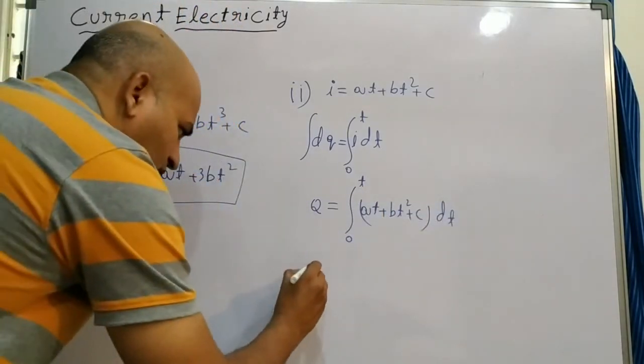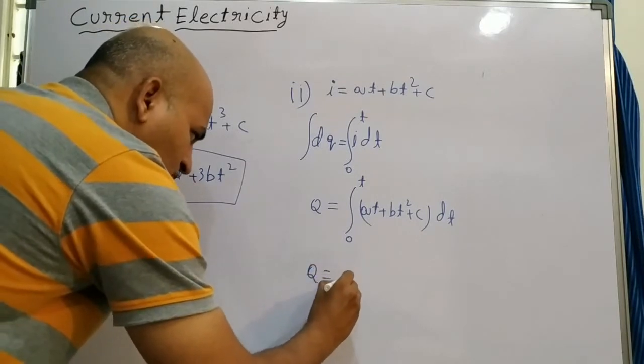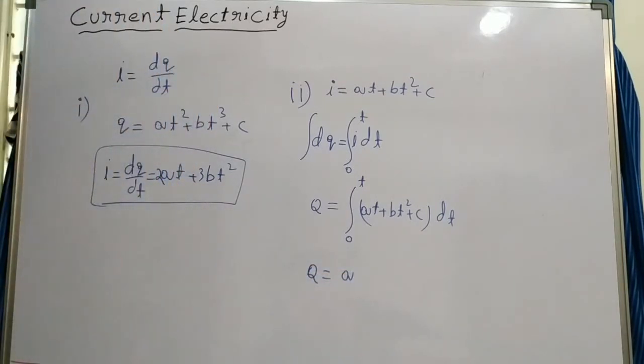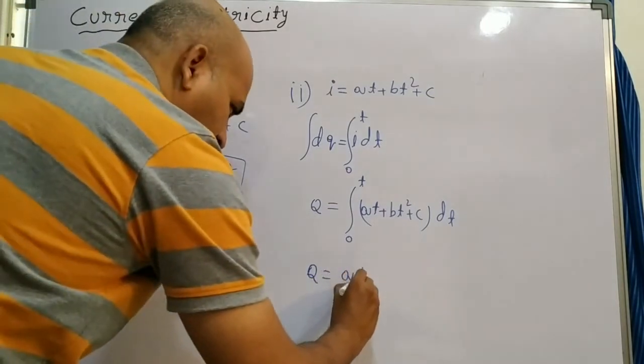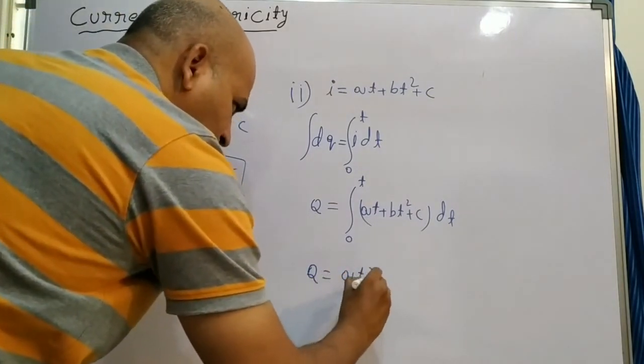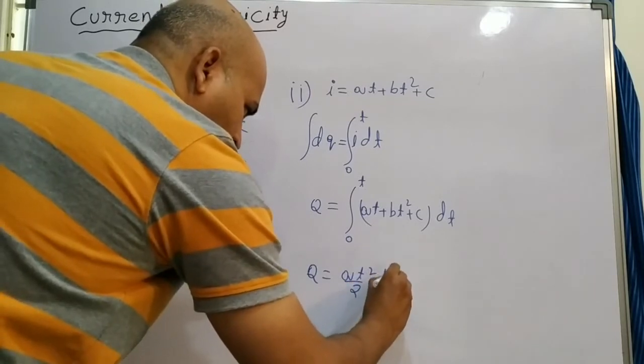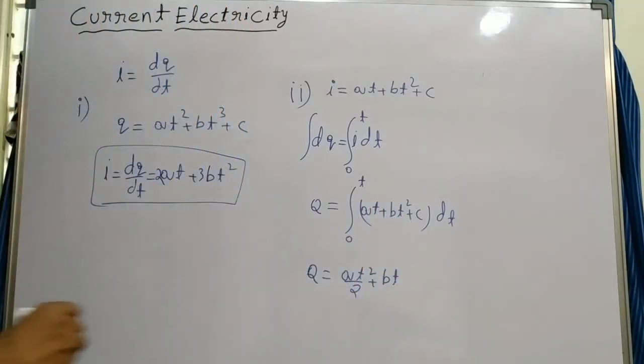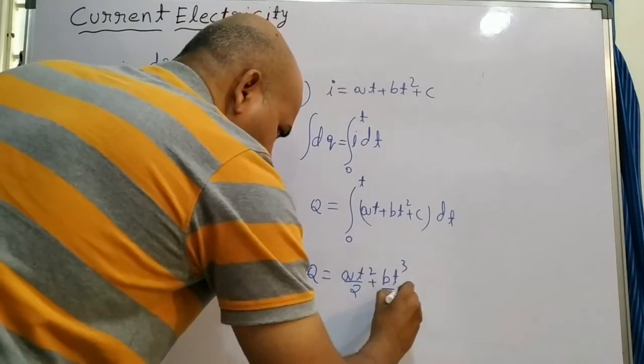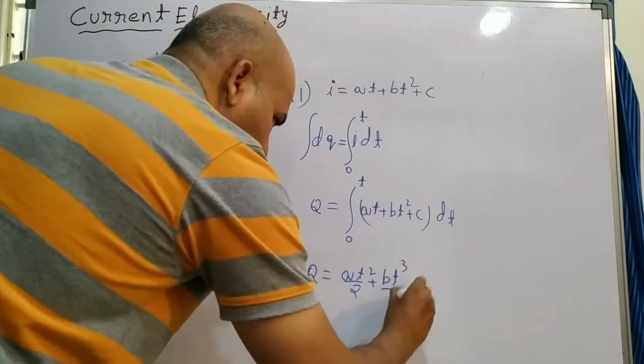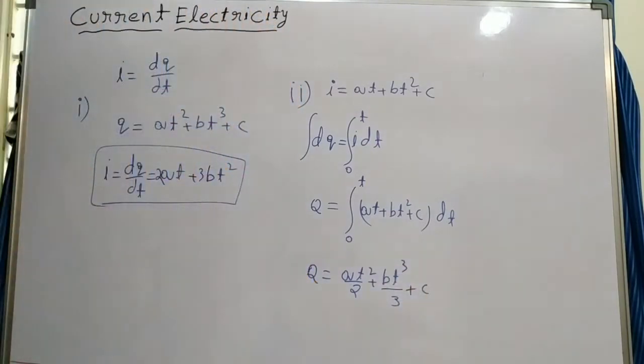From this what you get, q is equal to a constant outside, the integration of t is t square by 2, b times the integration of t square is t cube by 3, and the constant c has t power 0.